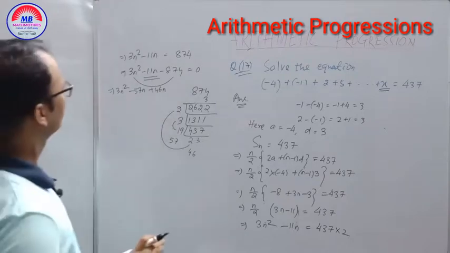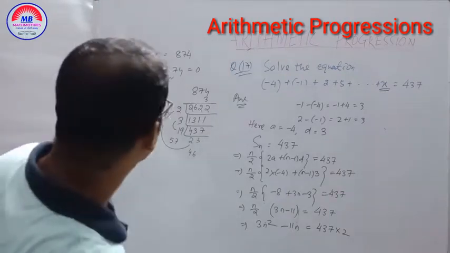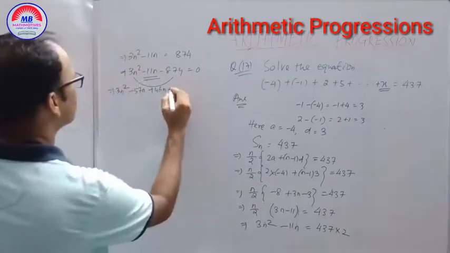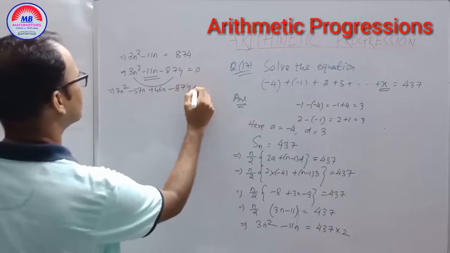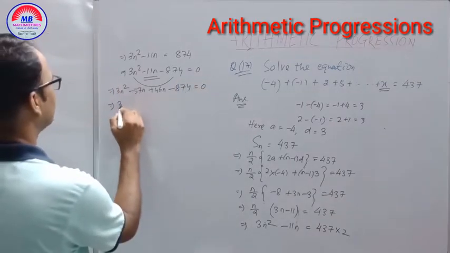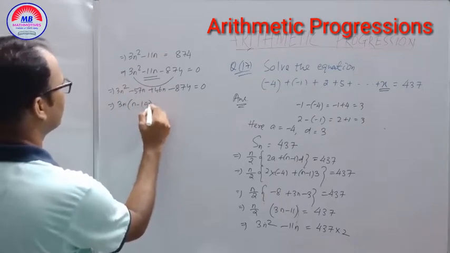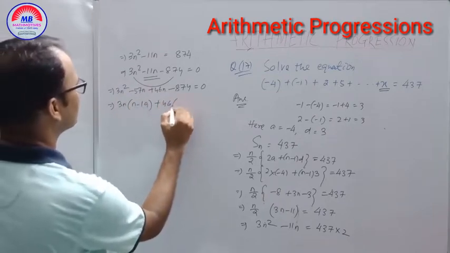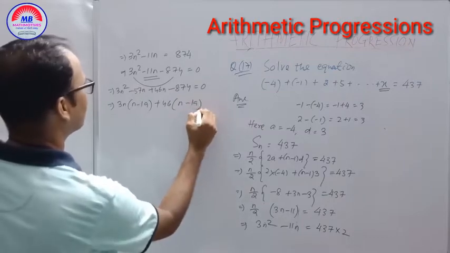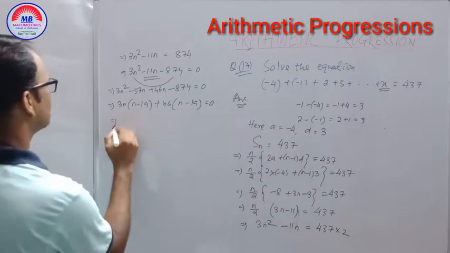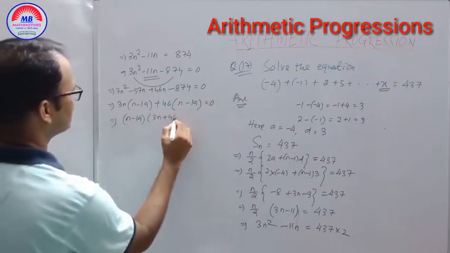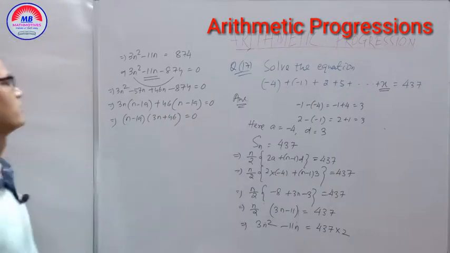Then minus 874 is equal to 0. Now take 3n common: n minus 19, plus 46 common: n minus 19 equal to 0. That implies n minus 19 into 3n plus 46 equal to 0.